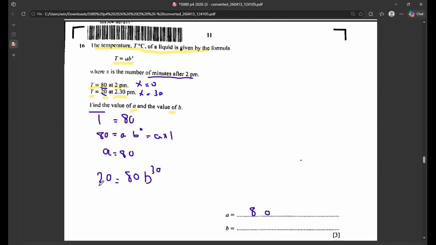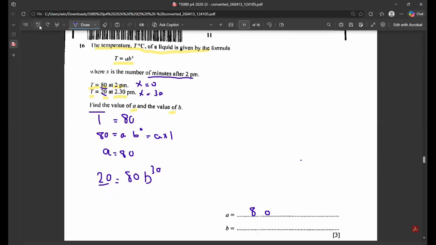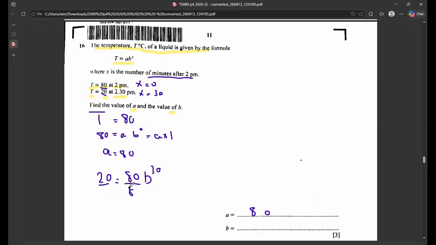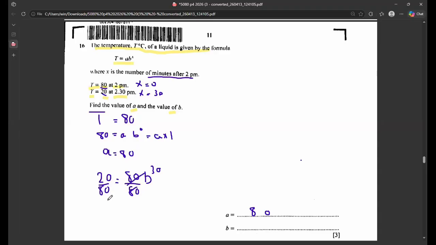So here 20 divided by 80, so we have 1 over 4 is equal to B to the power of 30.